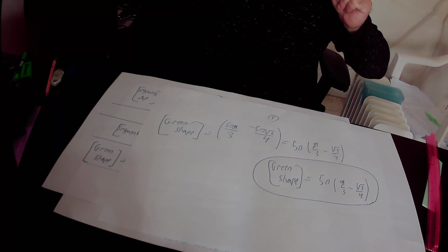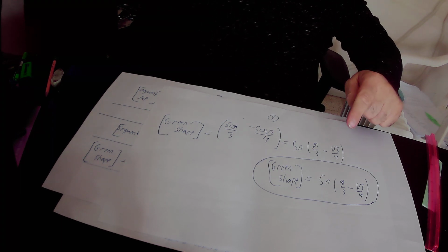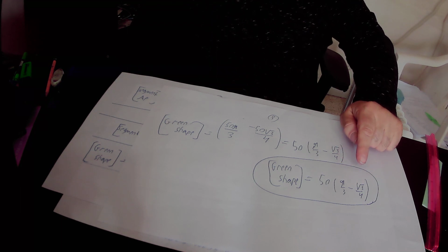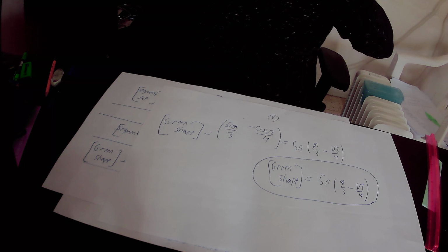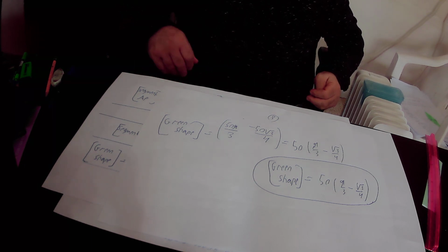So in conclusion, we found out that the area of the green shape according to the second method is also equal to 50 times pi over 3 minus square root of 3 over 4, exactly as we found in the first method. Okay, thank you very much.